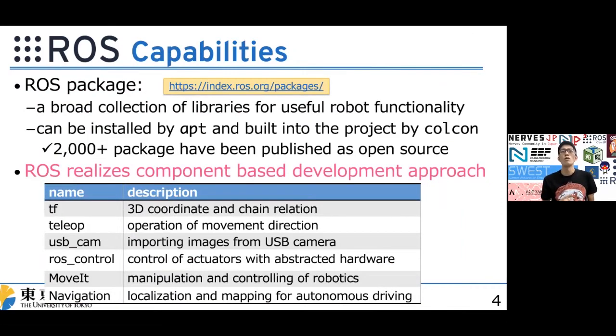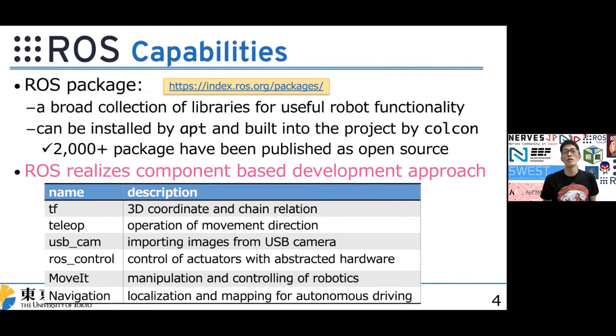ROS offers a broad collection of libraries that implement useful robot functionality, such as sensing, controlling, manipulating, and SLAM. They are expressed as packages in the ROS platform. Over 2,000 packages have been available as open source. We can use these packages to realize our robot systems.